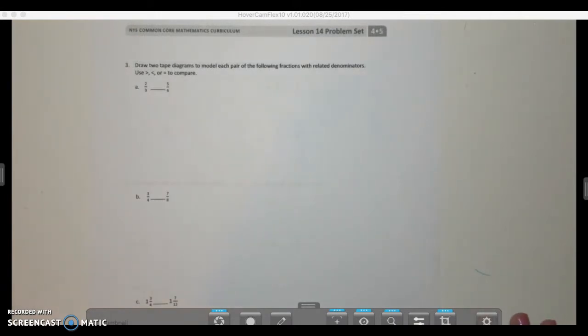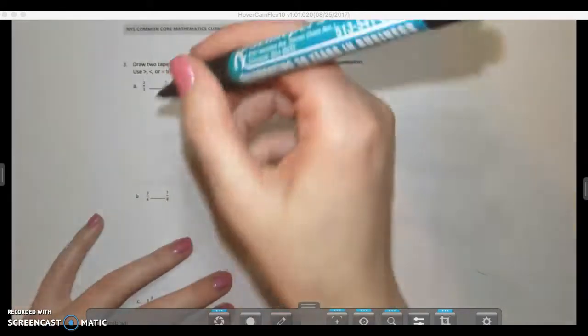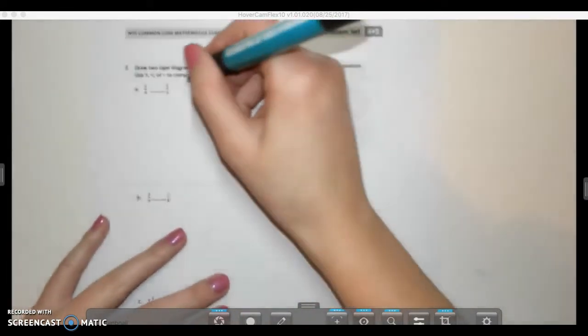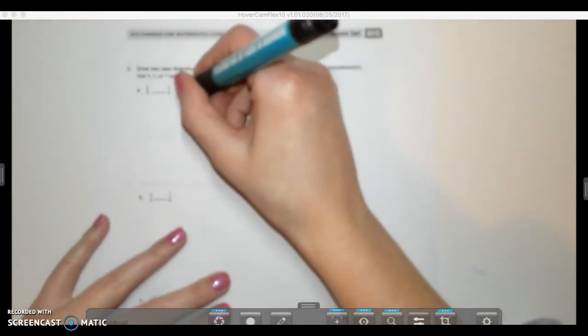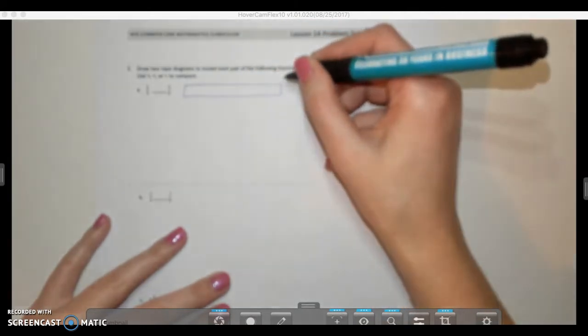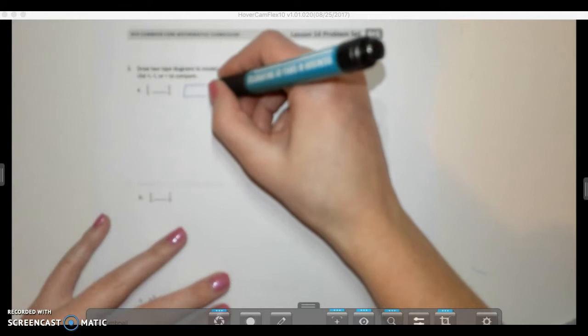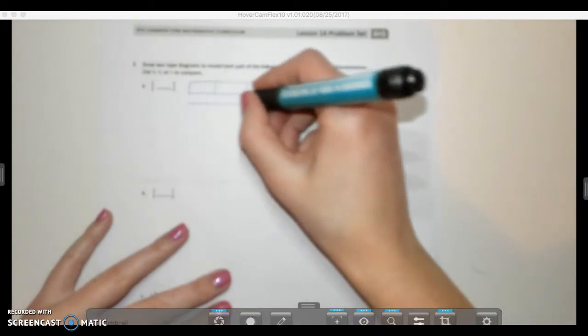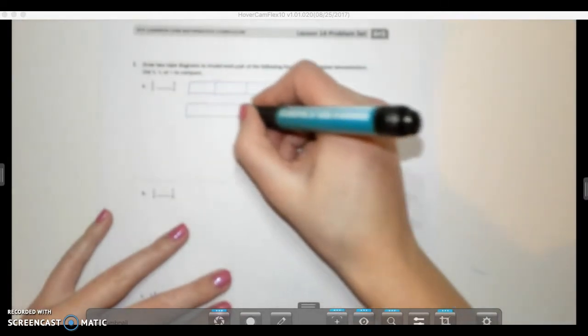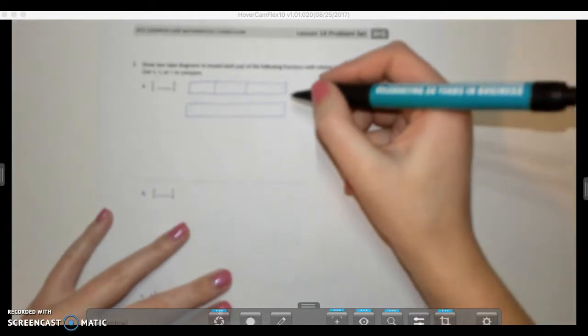While I try to get this better, it says draw 2 tape diagrams to model each pair of the following fractions with related denominators using greater than, less than, or equal to compare. So let's draw our tape diagram. The first one will represent 2/3. Let's put those into thirds. And then we'll draw our other one, and we'll split this one into 6.